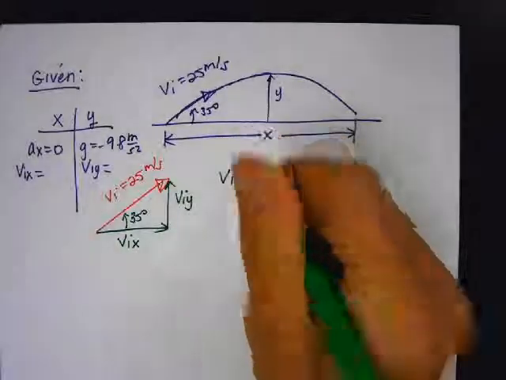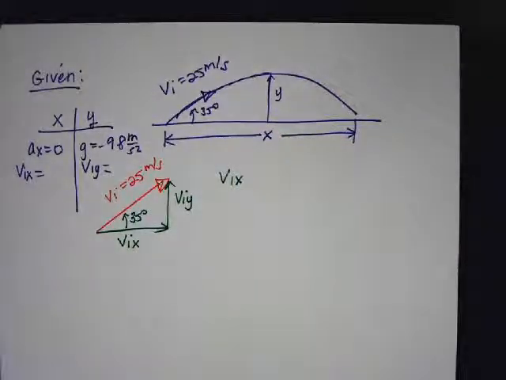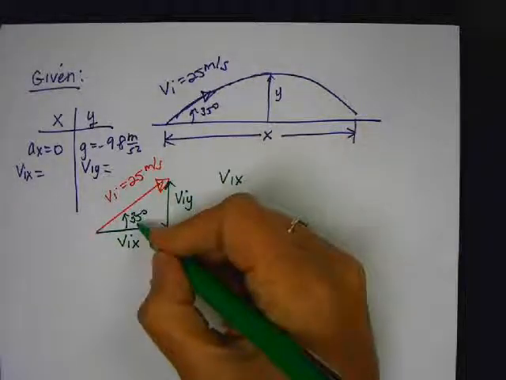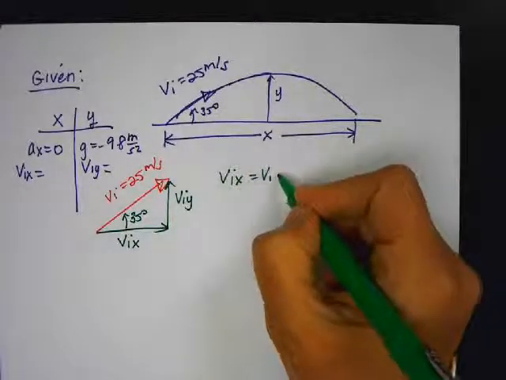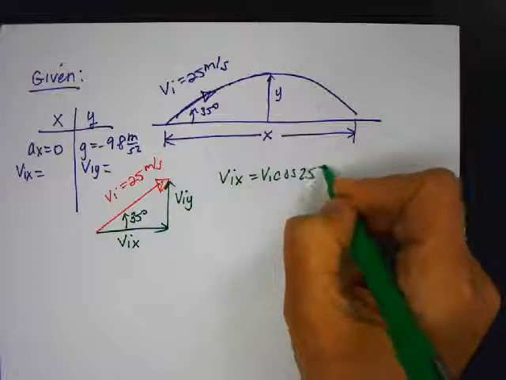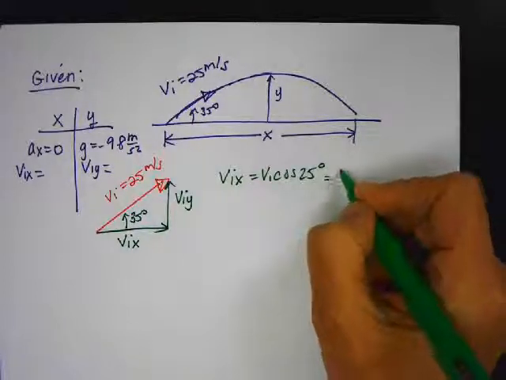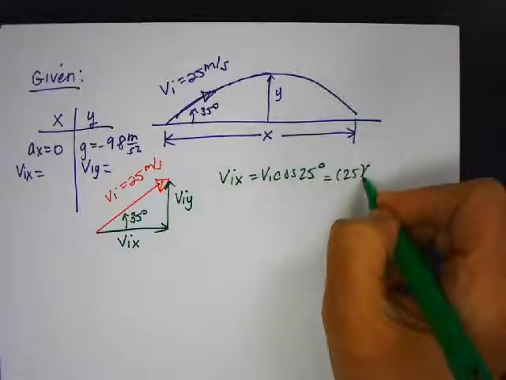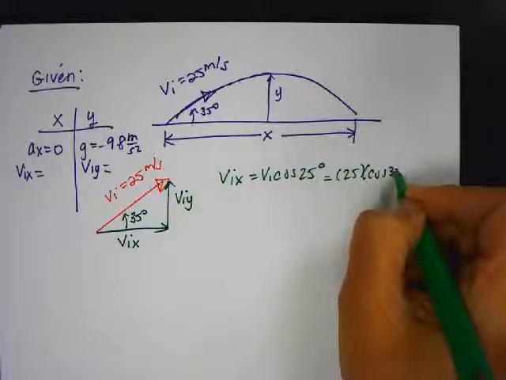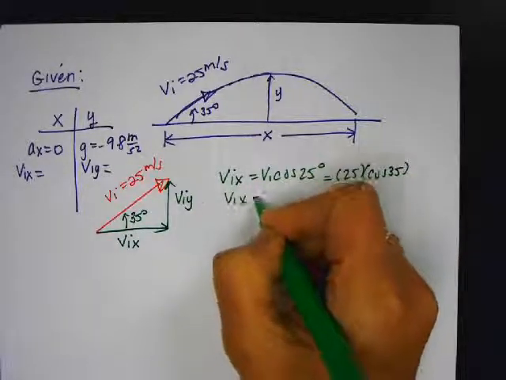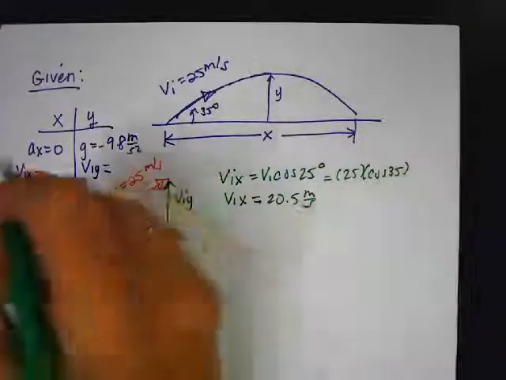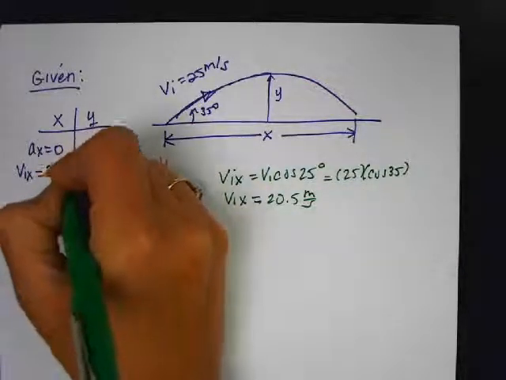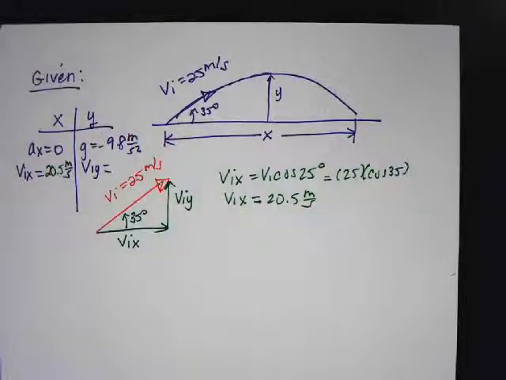So v_ix is adjacent to the given angle, so this is going to be v_i times cosine of 35 degrees. So it's going to be 25 times the cosine of 35. So v_ix comes out to be 20.5 meters per second. So now in my givens, I'm going to write 20.5 meters per second.